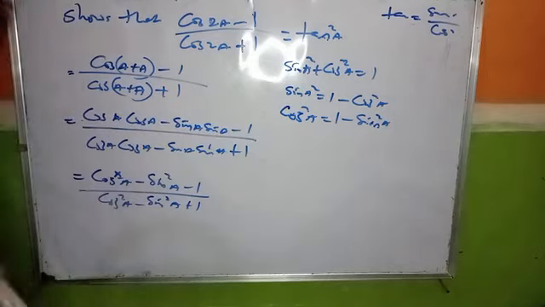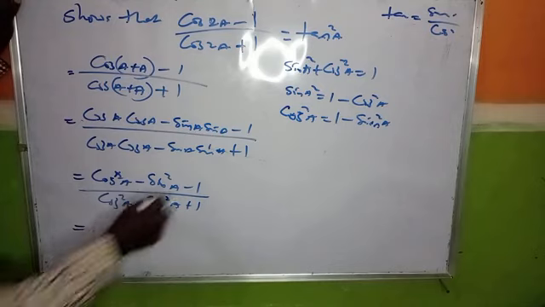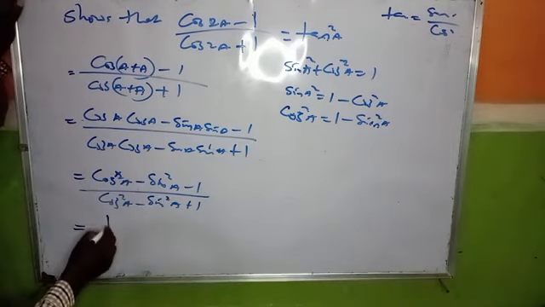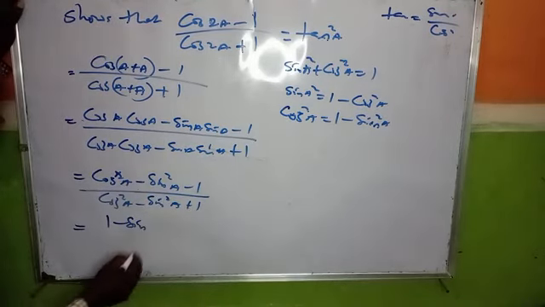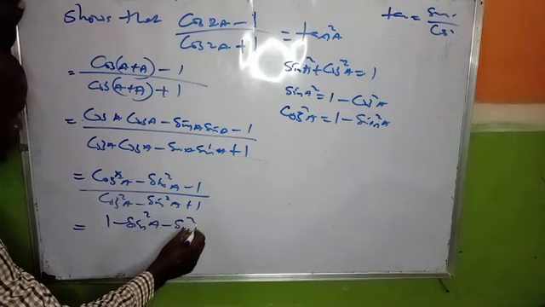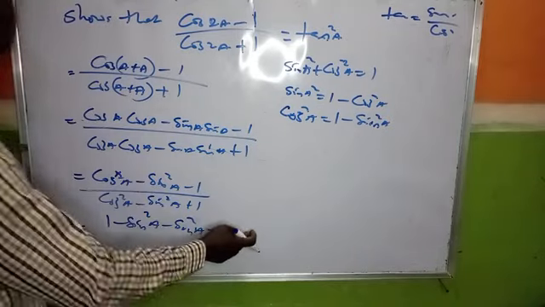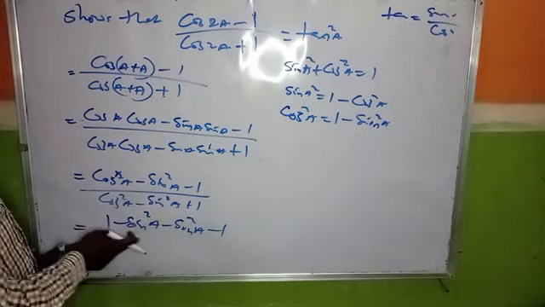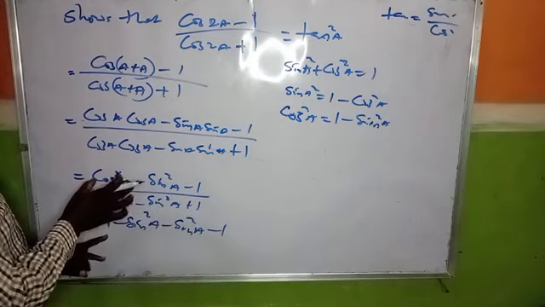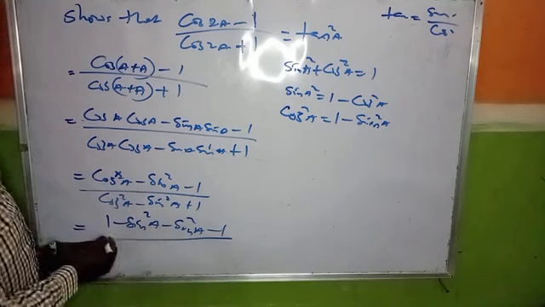So what you have here is for cos, this one will give you 1 minus sine square A minus sine square A minus 1. So you are replacing this with this. In place of cos, replace this one there, then minus this.